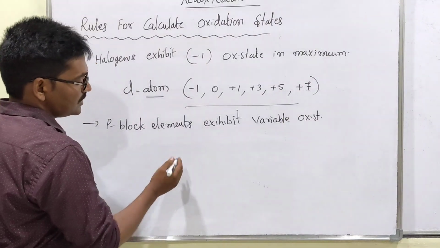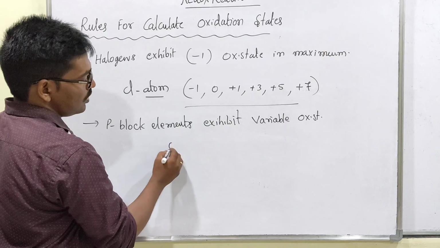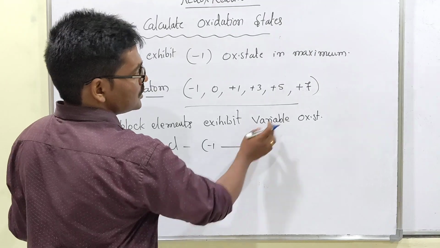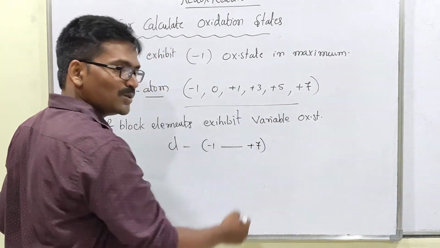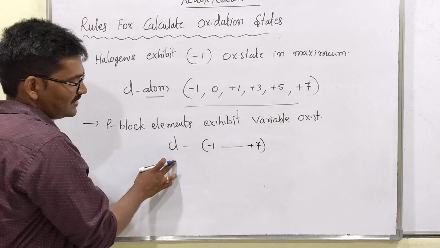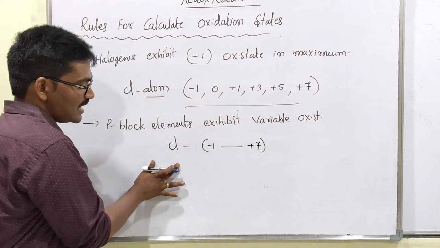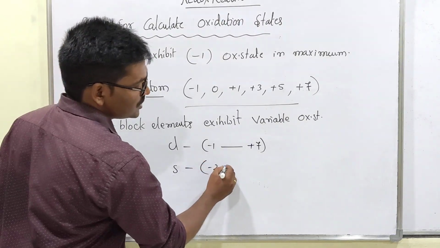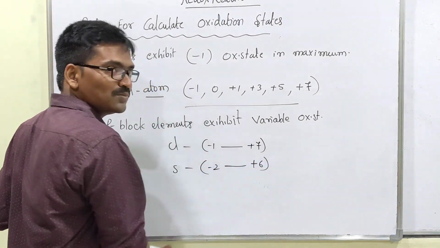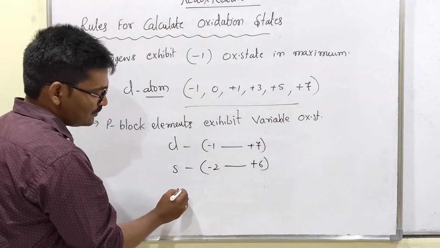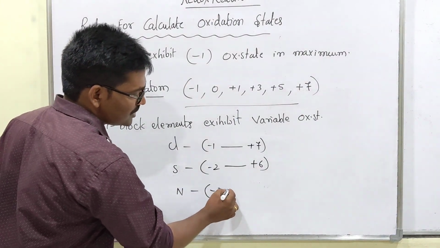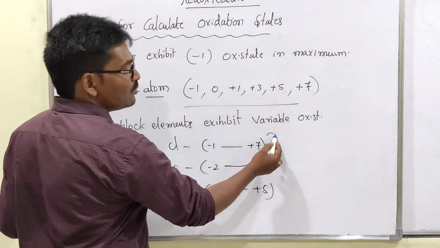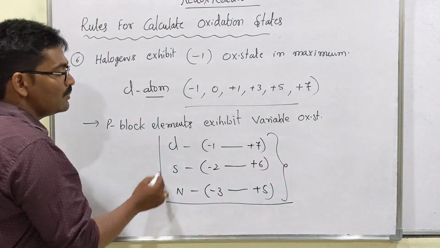Chlorine can exhibit from -1 oxidation state to +7 oxidation state. Sulfur can exhibit -2 oxidation state to +6 oxidation state. Nitrogen can exhibit -3 oxidation state to +5 oxidation state. So that's what I told, p block elements exhibit variable oxidation states.